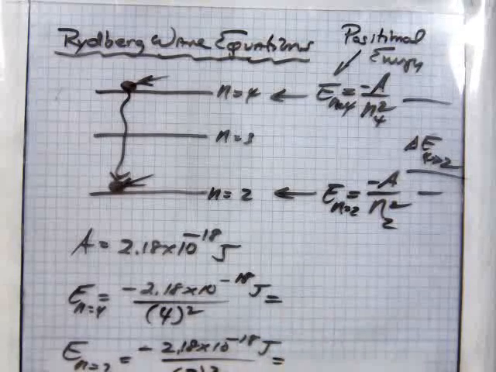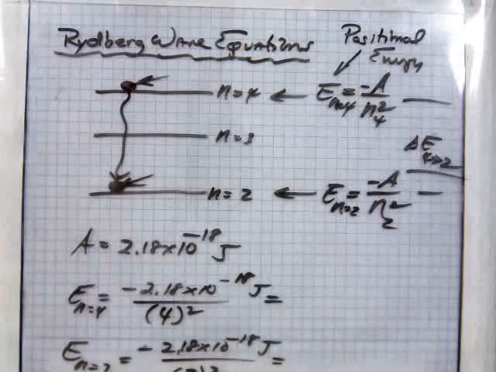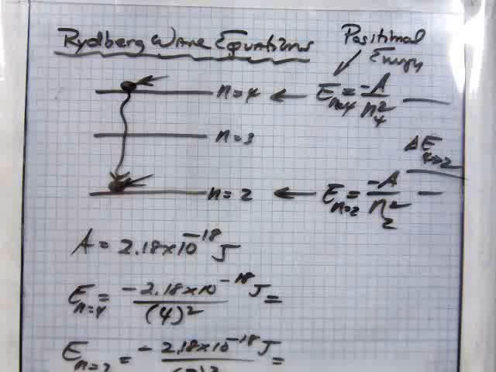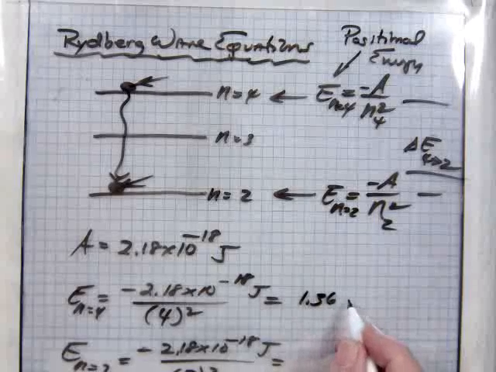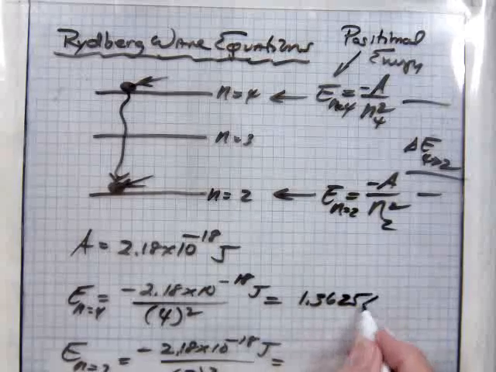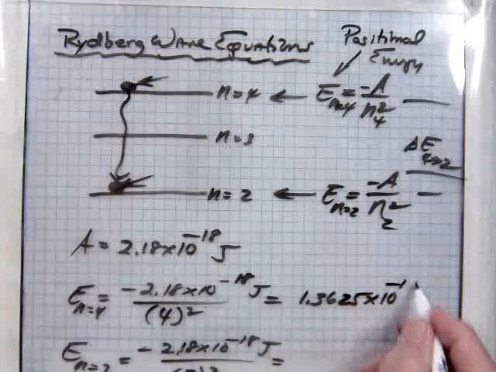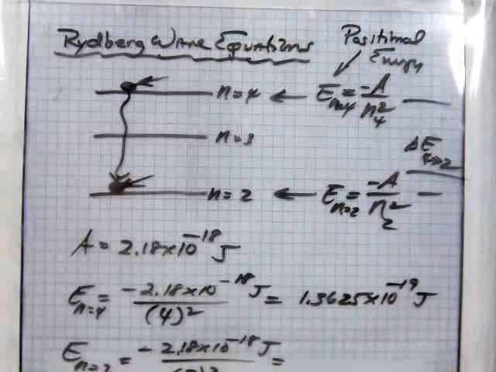So let's see what those numbers look like. I get 1.3625 times 10 to the minus 19th of a joule. That's its potential energy.